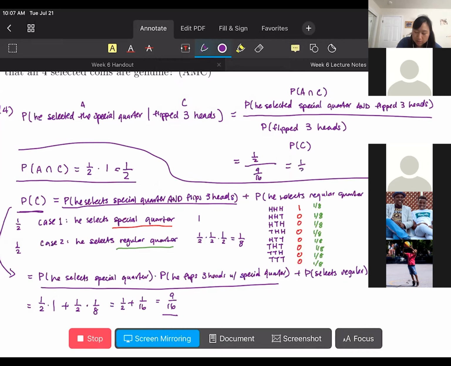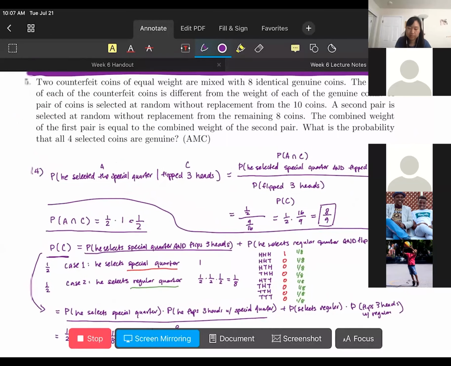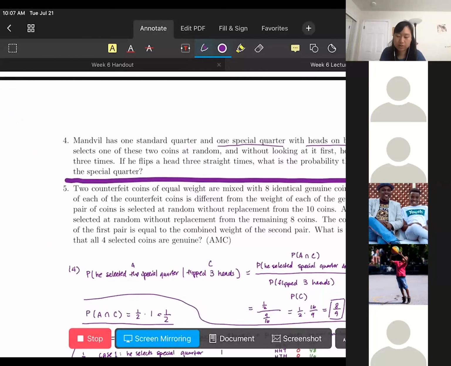So that gives us 1/2 times 16 over 9, which is 8/9. So that's the solution to this first problem. Any questions on this?